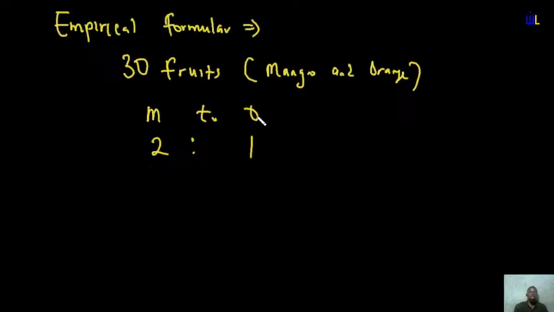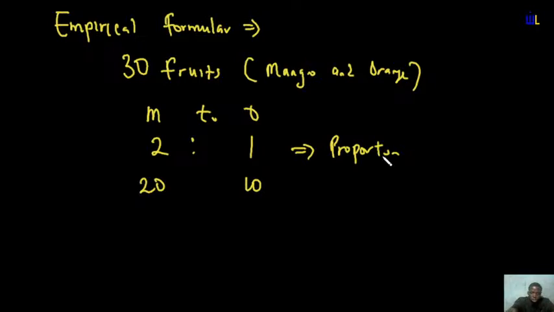No. Does it mean that the total number of orange fruit there is 1? No. It's just giving you a proportion, and that proportion will lead us to the exact number, which is 20 is to 10. So empirical formula does not give the exact number, it only talks about a proportion.